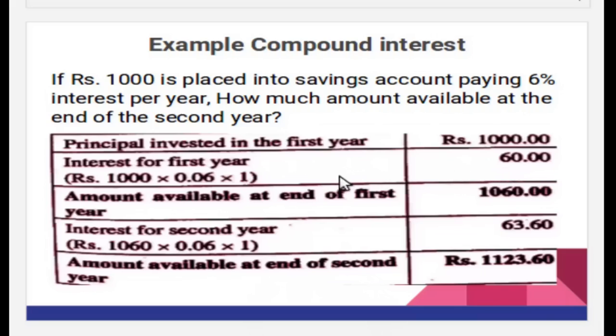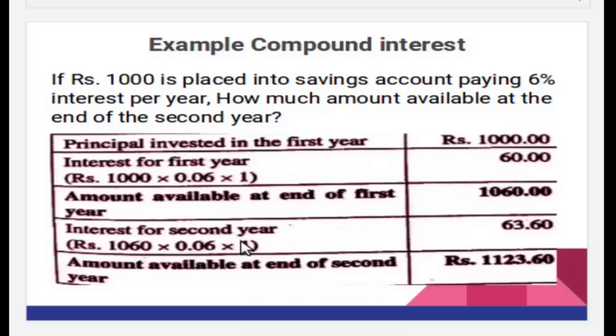As we are calculating the compound interest, this 60 rupees will be accumulated into the total amount at the end of the first year. So the sum of these two terms will be 1060 rupees. Now again you know the simple interest formula. The principal is now going to increase. Previously it was 1000, now it is 1060, but the interest rate is the same and we are calculating for the second year, that is the next year.